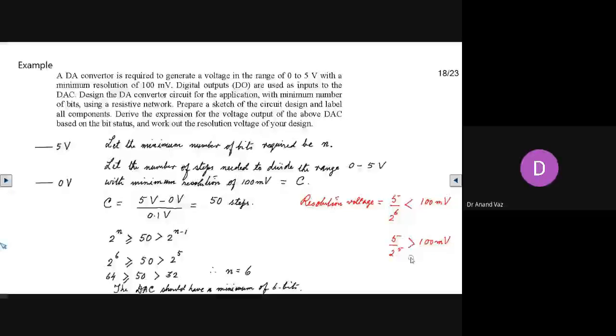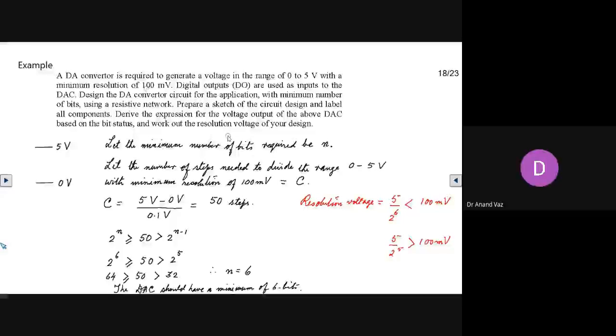It's the smallest voltage, it's the resolution. The smallest voltage that we need to produce should be less than 100 millivolts. It should not be more, but it should be just near to this.